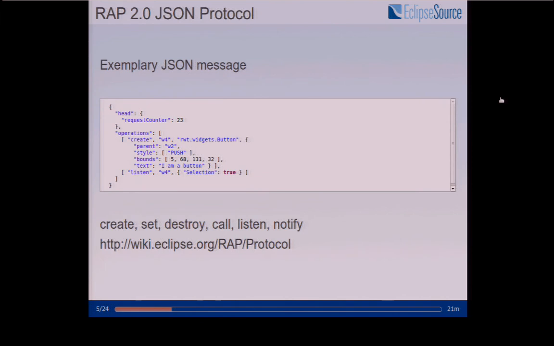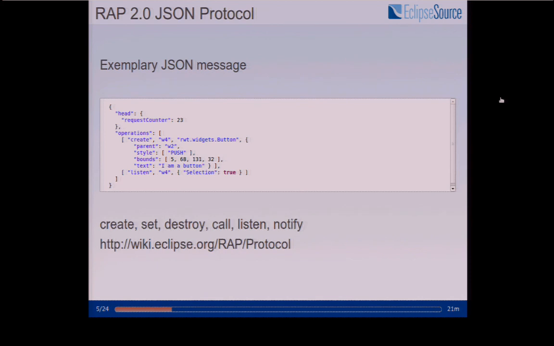I was talking about the JSON protocol that we have. This is a little snippet here. Every JSON message starts with a header, a request counter, and a number of operations. We have 6 different types of operations.